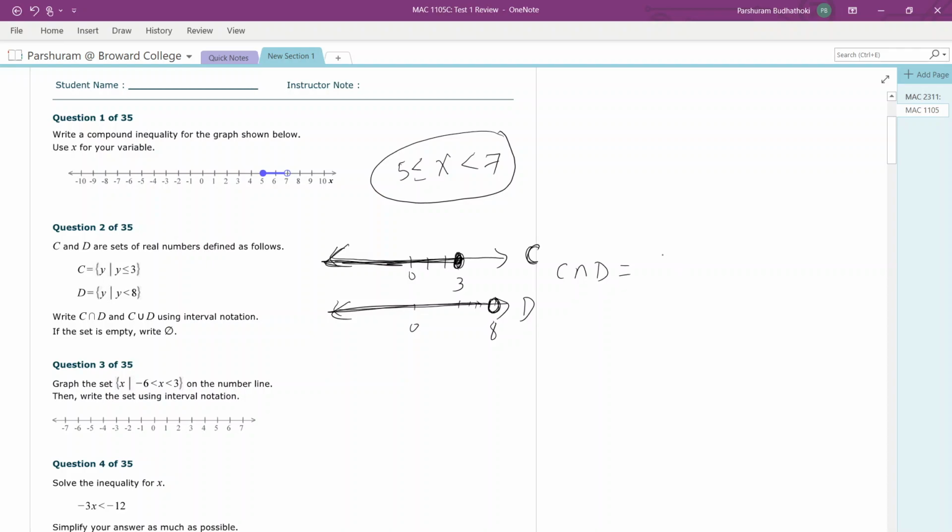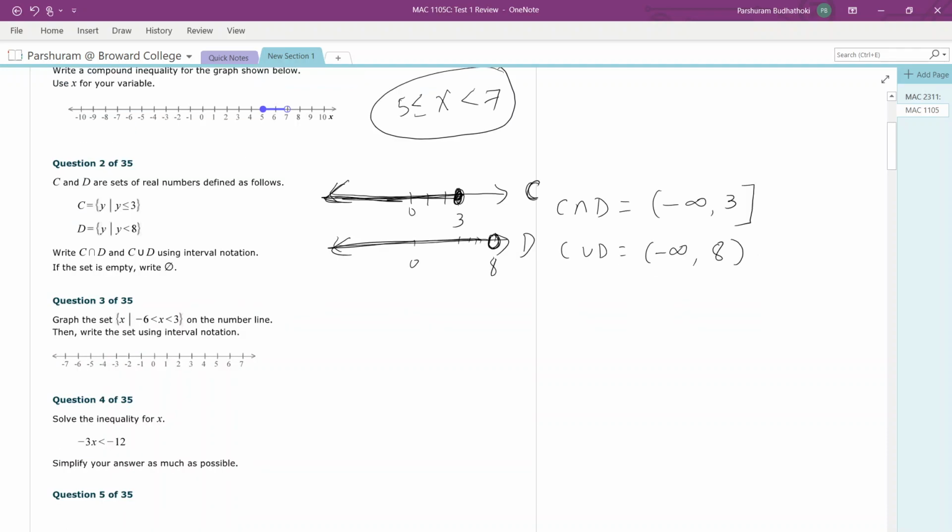So it should be from negative infinity to positive 3, including 3. That is common to C and D both. And the union would be from negative infinity to positive 8, not including 8. Union means everything from C and D.